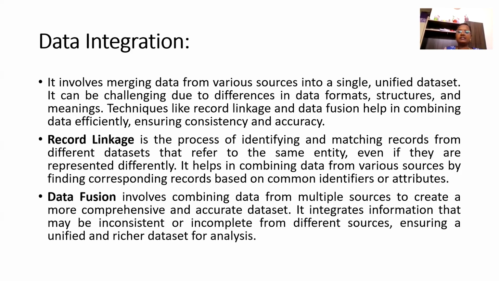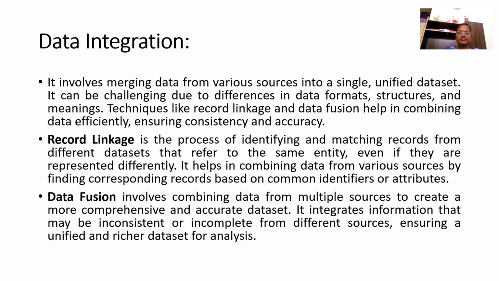If they represent the same entity, we are able to match and combine them. It helps in combining data from various resources by finding the corresponding records based on common identifiers or attributes. So we can select a common identifier across all the data sets, or any common attributes. According to that, we can match and link the records.